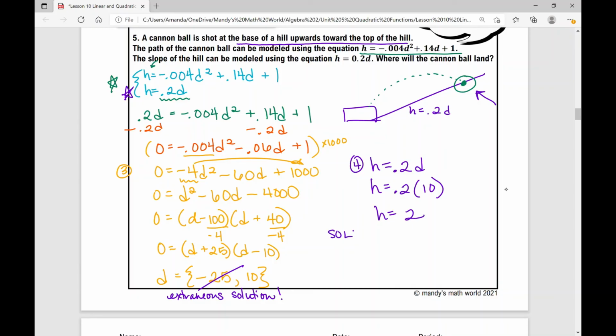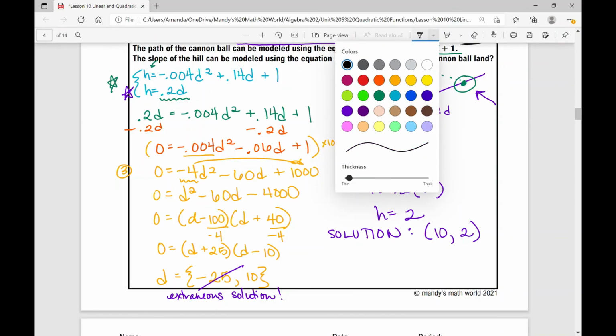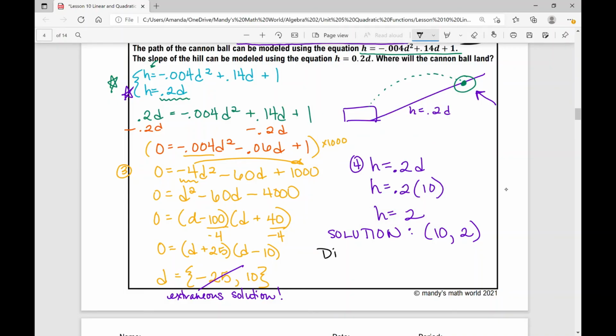So your solution for this particular system of equations is the point (10, 2), the only solution. So how might I write this? The distance is 10 units, and the height is 2 units. We don't know what units we're talking about, so we're just going to write units there.